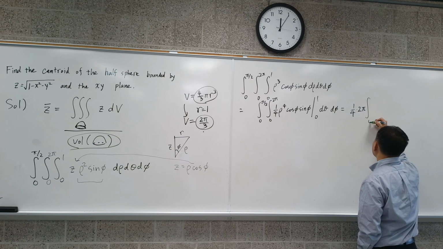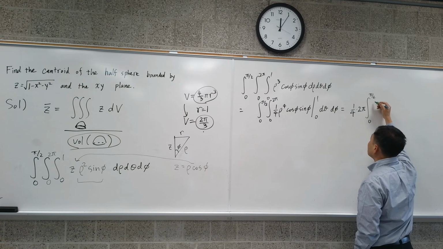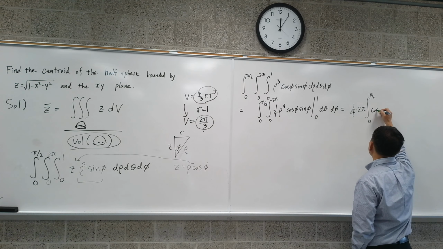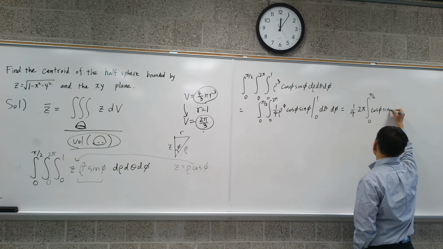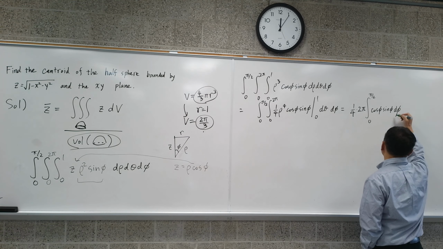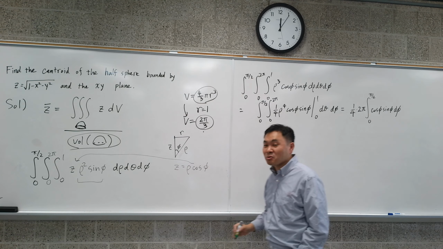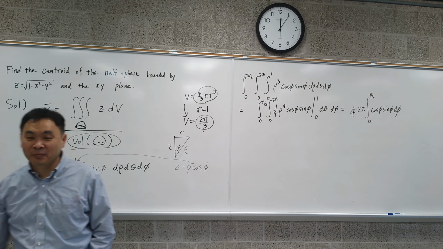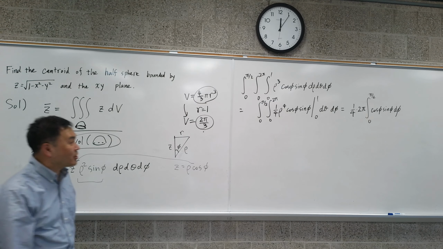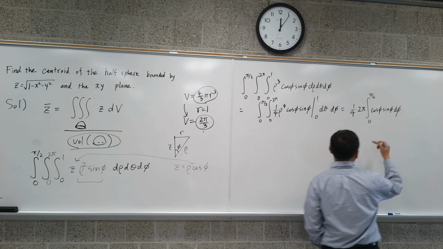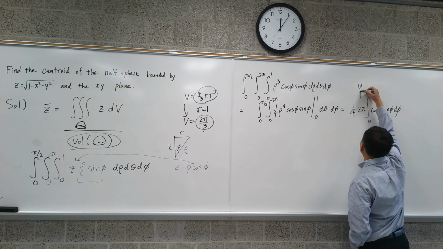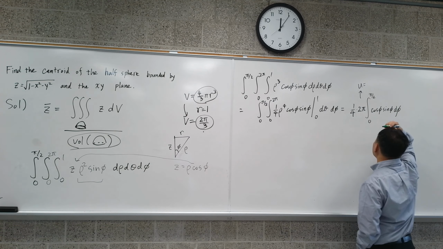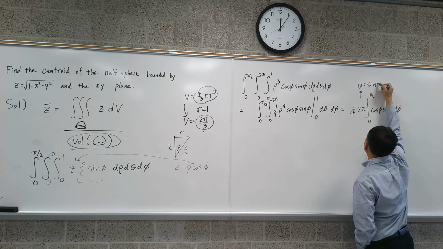So what's left is 0 to pi over 2 of cosine phi, sine phi, d phi. Okay. Question, how do you integrate that? U sub, okay. That's very easy. So you need a U substitution with u equal to, let's say, sine phi.